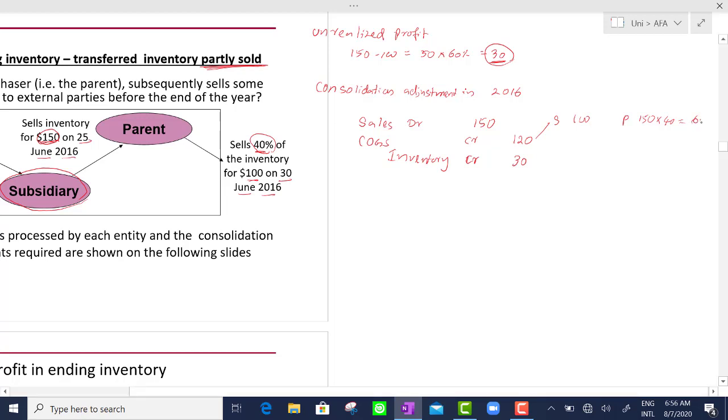Now this is in the individual financial statement of the parent, but when it comes to the consolidation, when we take that transaction from the group's point of view, the total cost of this inventory is 100, but out of that 40% has now been sold.